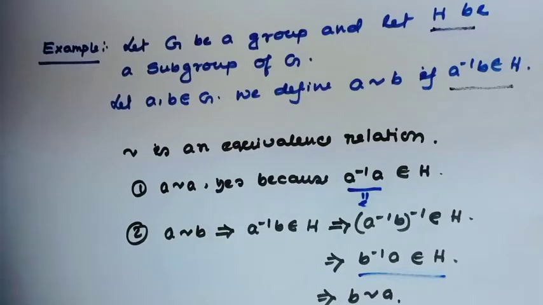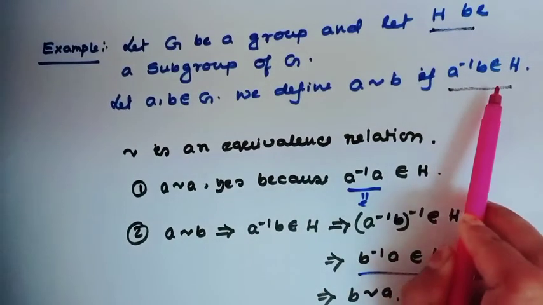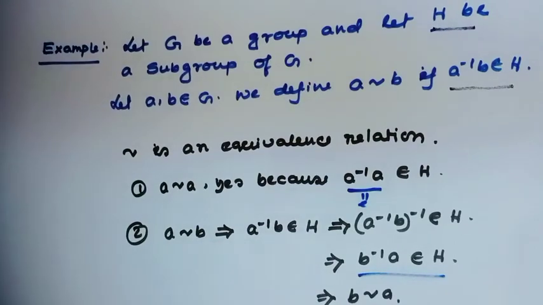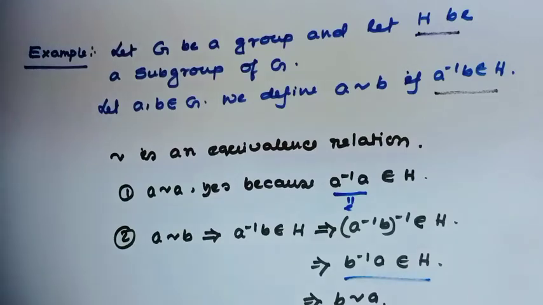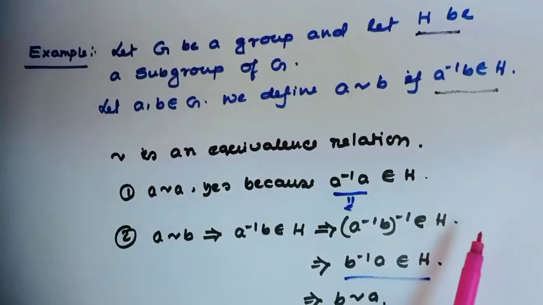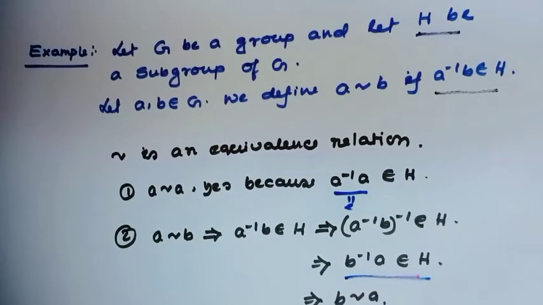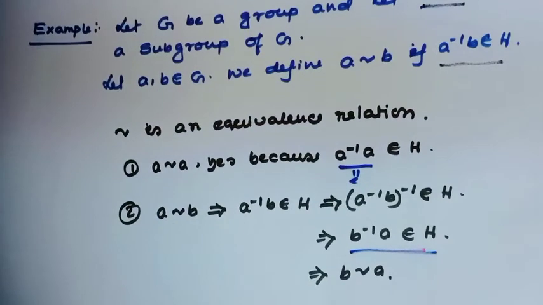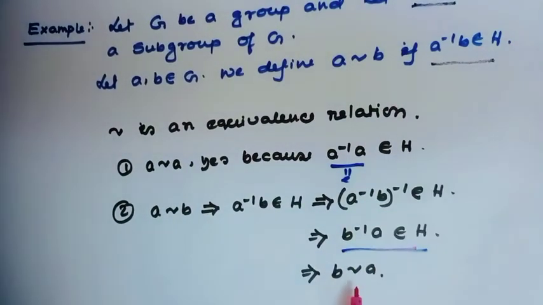Okay? Now we have to prove the relation is symmetric. Here a is related to b means from this condition a inverse b is a member of S. Now since S is a subgroup, every element has an inverse, that implies (a inverse b) whole inverse is also a member of S. And by the inverse property, I will get this equal to b inverse a, which is also a member of S. And from this condition, we can write b is related to a.